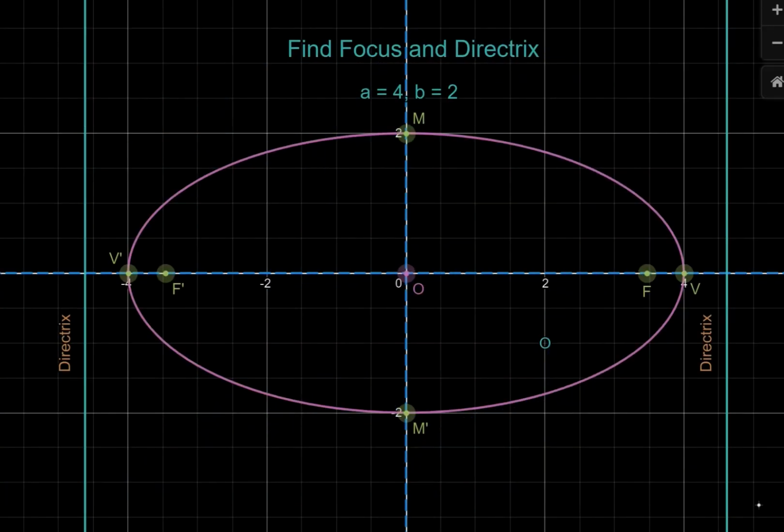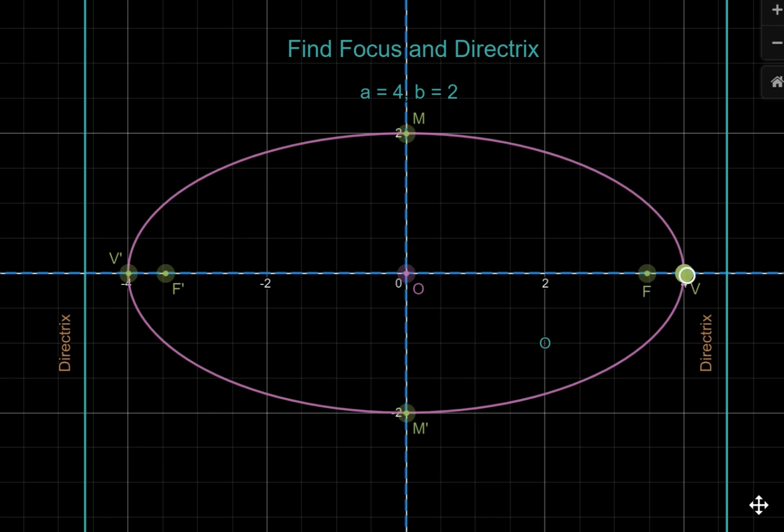The standard equation of this ellipse will be x square over a square plus y square over b square equals 1. What are the values of a and b? Well, a is the point where the curve crosses the major axis, as you can see here, and the value is 4.